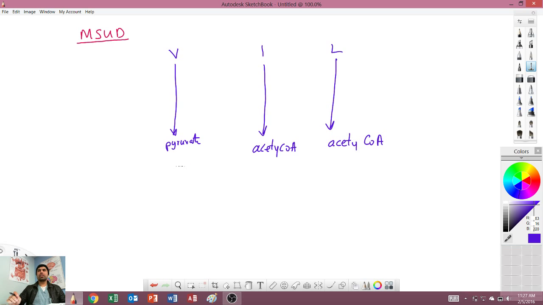If you want to metabolize these amino acids, they're converted to pyruvate and acetyl-CoA. Valine is a huge amino acid when it comes to gluconeogenesis. Let's talk about this.